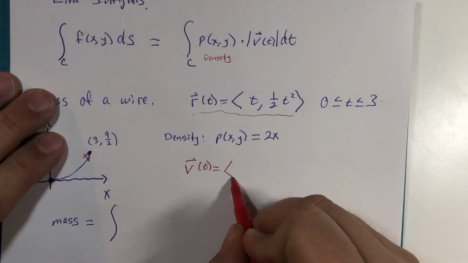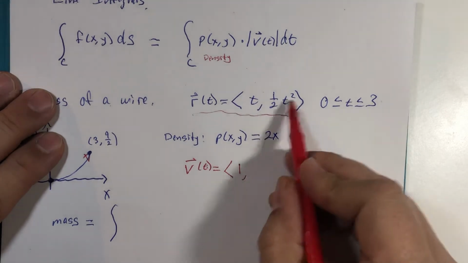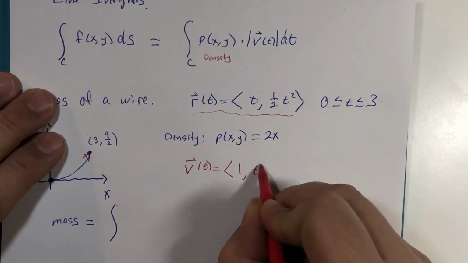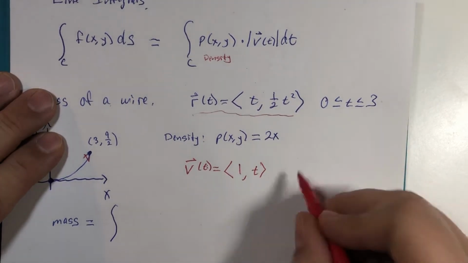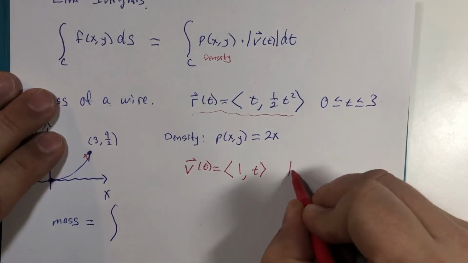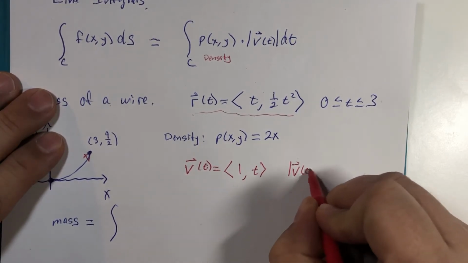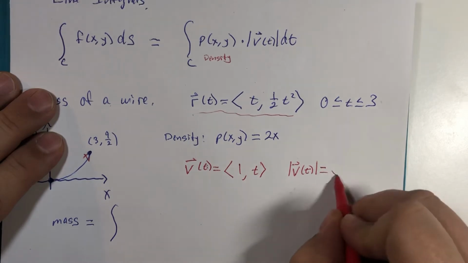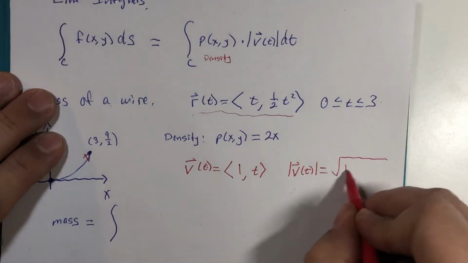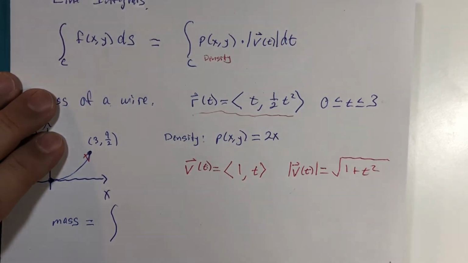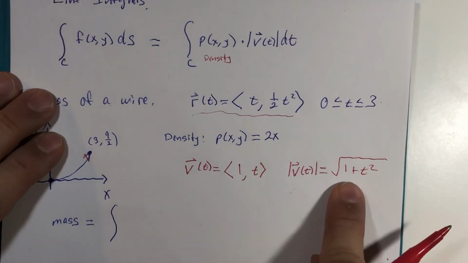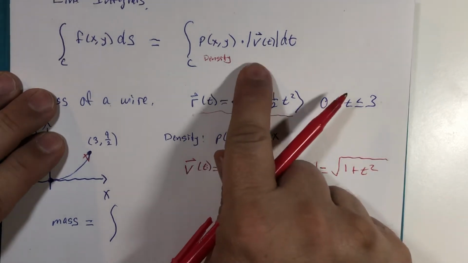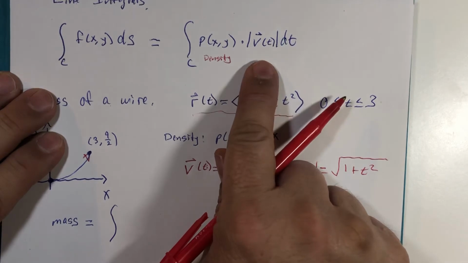Well, the first derivative of t is 1. The first derivative here is t. And then I need the magnitude of that. That will be the square root of 1 squared plus t squared. This is that aspect of the integral.